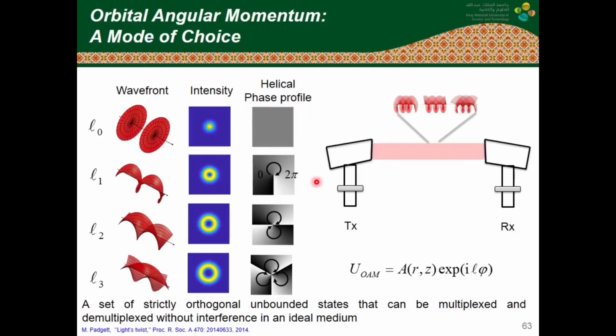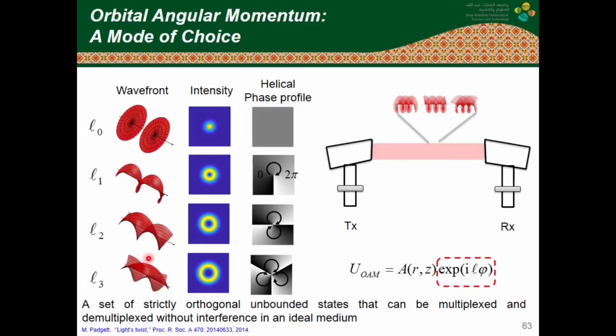The mode of choice for FSO spatial multiplexing is the orbital angular momentum mode. OAM is associated with the donut-shaped intensity distribution and the helical-shaped wavefront, as you can see here, described by a phase term exp(i l phi), where phi is the azimuth and l is the topological charge of the OAM. l is an unbounded integer and can take any value, and the difference between a positive l and a negative l is the rotation direction.